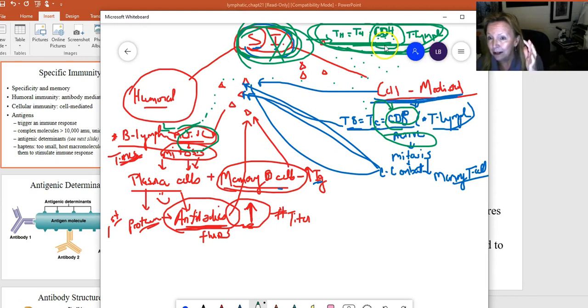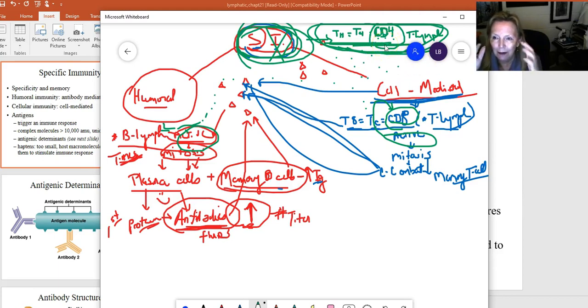That virus is HIV, Human Immunodeficiency Virus. It attacks these cells, and this is why that particular virus is so devastating to our immune system, because it takes down the numbers of these cells that we need.